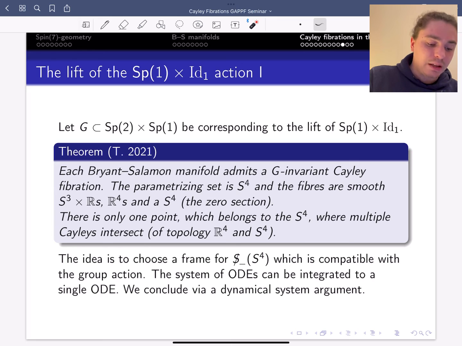The idea is to choose, exactly as in the other case, a frame for the negative spinor bundle of S4, which is compatible with the group action, and that is going to give us easy ODEs. In this case, unfortunately, the system cannot be fully integrated, but we will get just a single ODE to study, and we do that via a dynamical system argument.